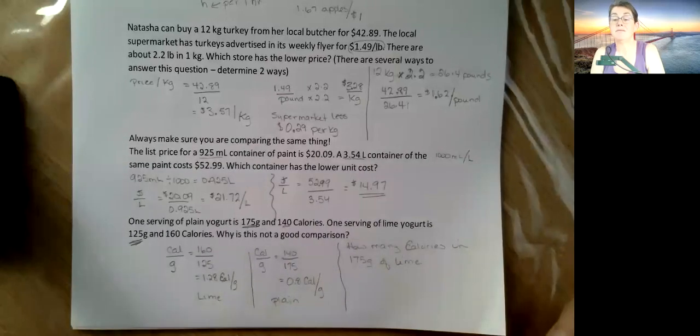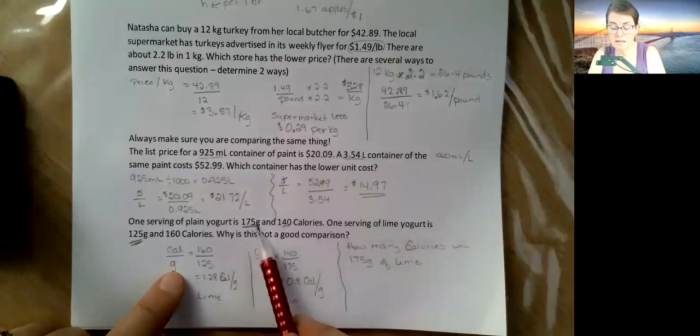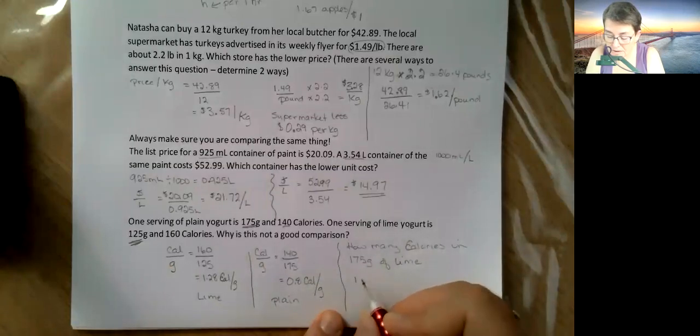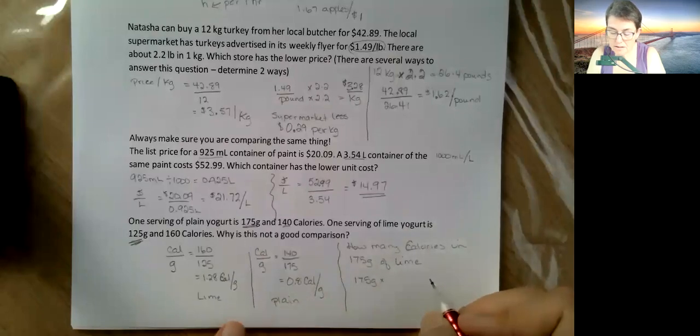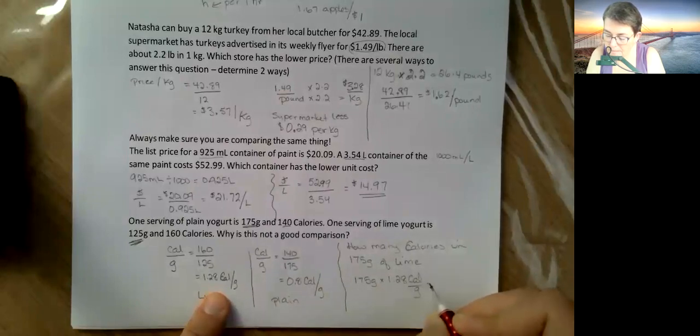Because to me, that's fair. If you're going to have one that's 175 in a serving and one's 125, that's really hard to compare them because, okay, frankly, it's yogurt. You'd think serving sizes should be identical. So 175 grams times 1.28 calories per gram.